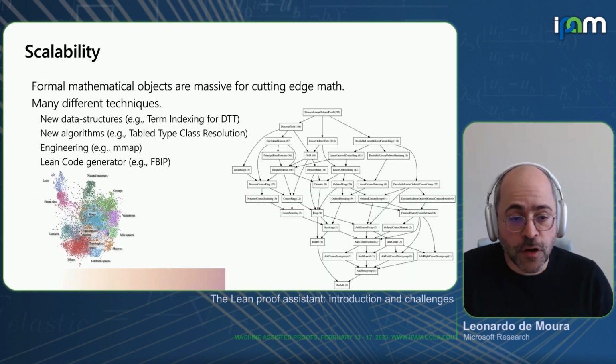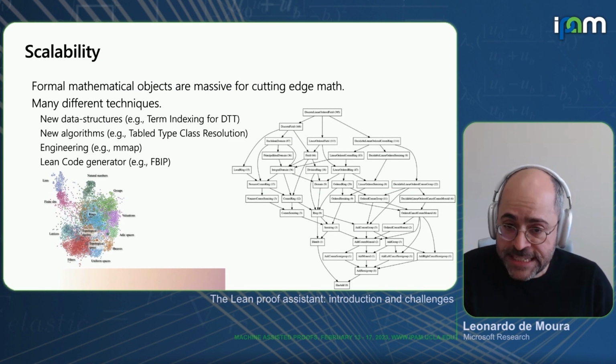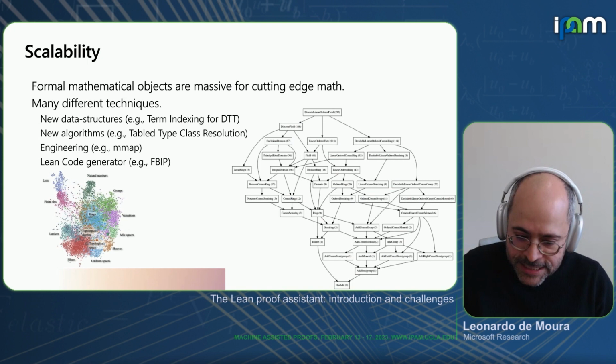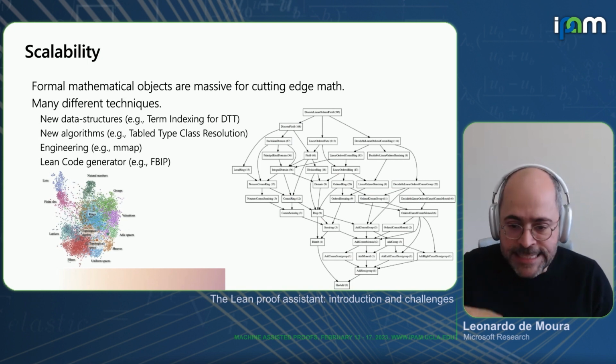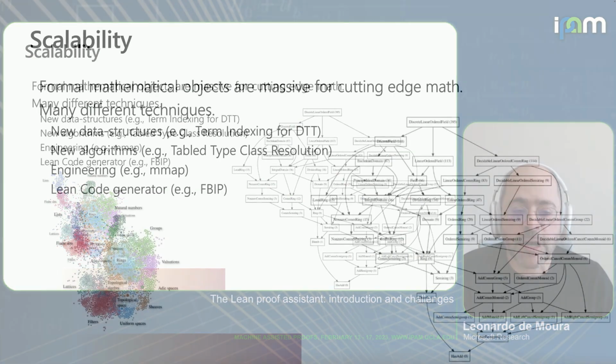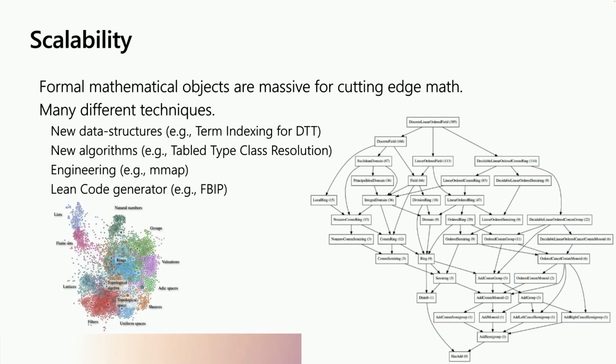Scalability is another big challenge. Formal mathematical objects are massive. In Mathlib, if you try to print these objects in full detail at the kernel level, they're insanely big, several pages. And this is a recurrent problem. We are currently fighting scalability issues. It takes 7 hours to build Mathlib.